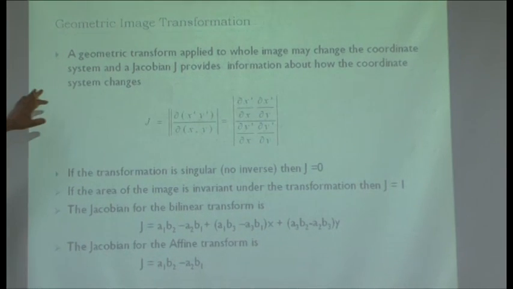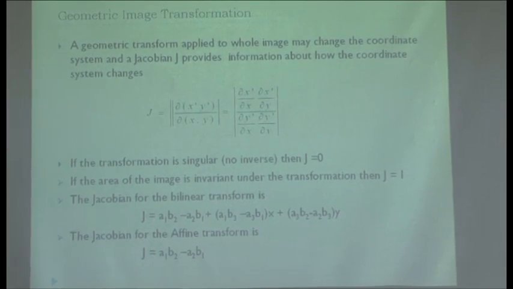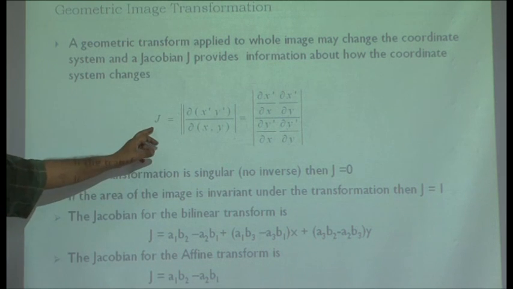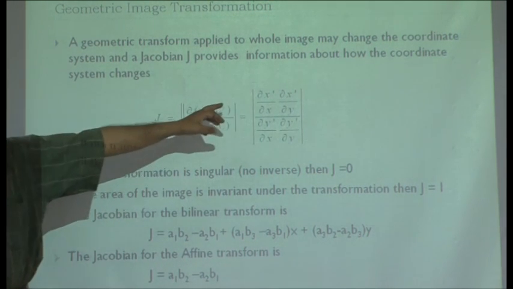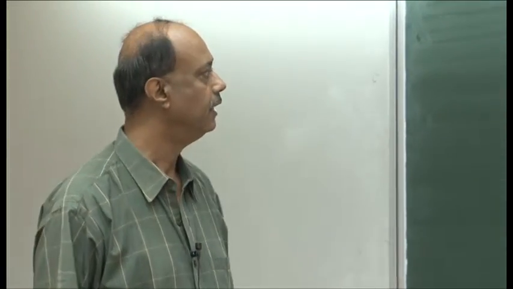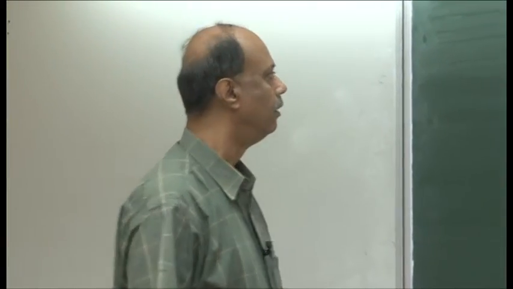Now, this also I told that creating a geometric transformation creates a new system or new coordinate system, and the Jacobian gives you the information about how that coordinate system changes. So, it is nothing but the derivative, J: whatever transformation function you are taking, your partial derivative with respect to x and with respect to y, and then you take the determinant of that.